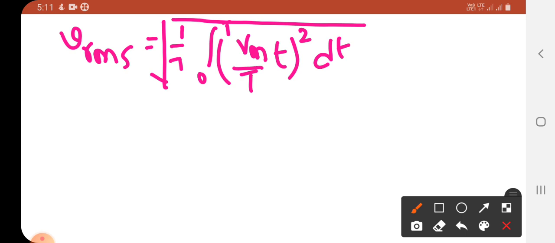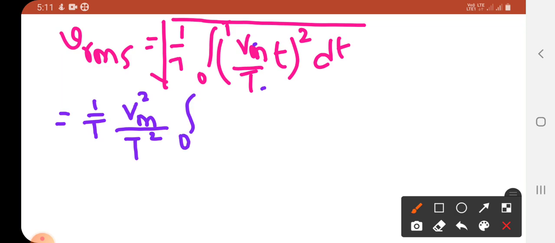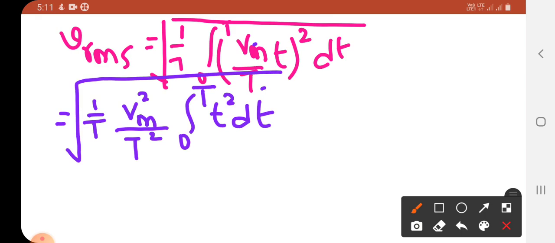What is the square of this function? Vm and T are constants. So that means Vm square by T square, integral 0 to T of t square dt, under the root.